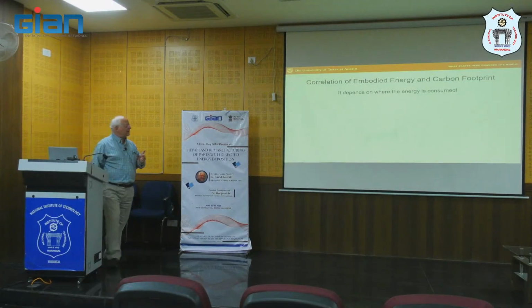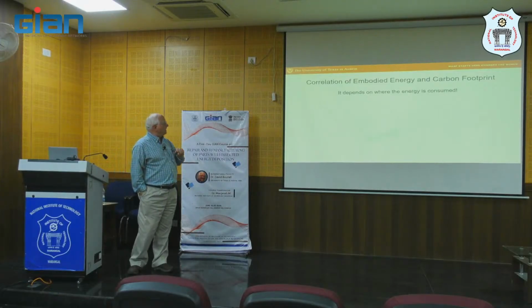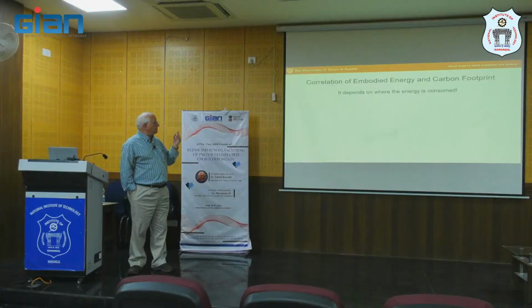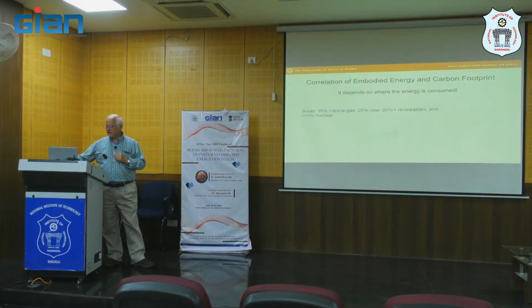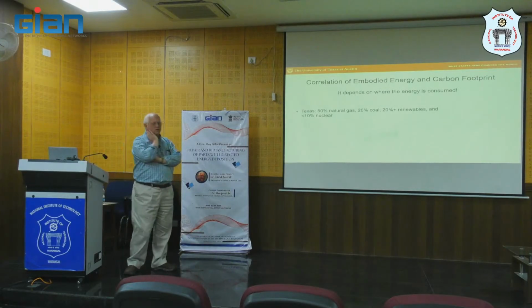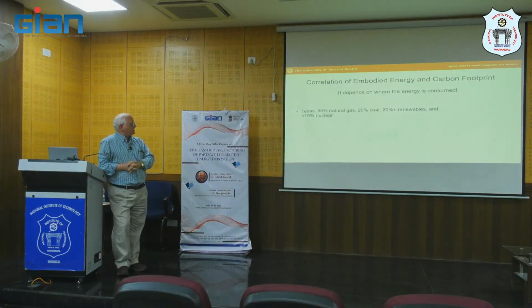So now, having said that, it's a little more complicated because the relationship between the embodied energy and the carbon footprint really depends on where the energy is consumed. Now, I'll give you some examples of that. The first one is Texas. In Texas, our energy sources are 50% natural gas, 20% coal, 20% renewables, and 10% nuclear.